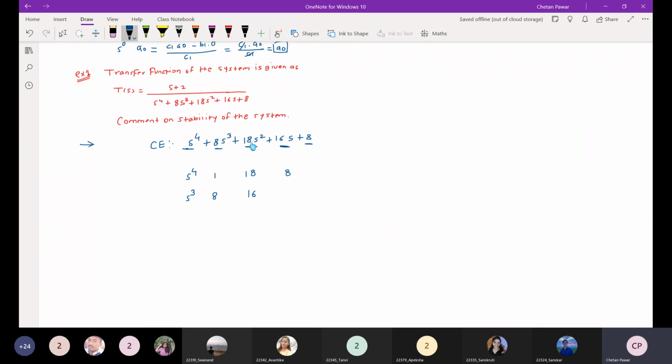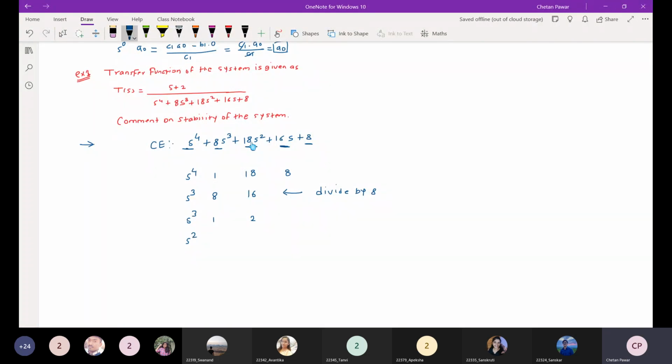You can divide this particular row by 8. So the modified row will be 1 and 2.